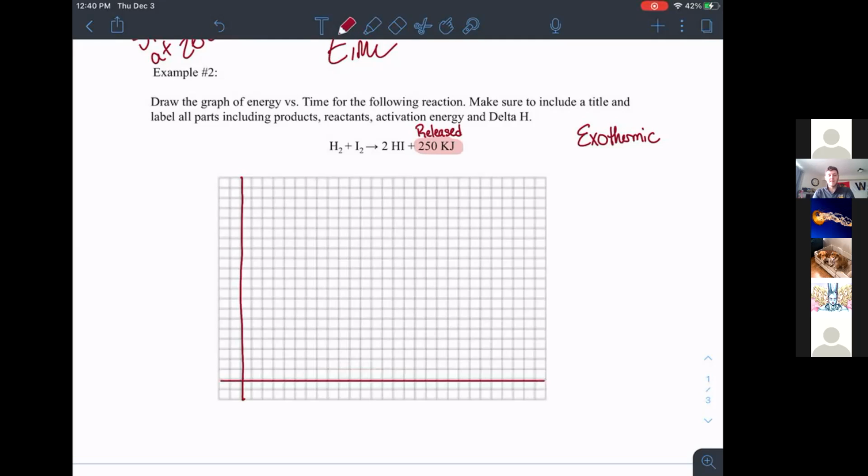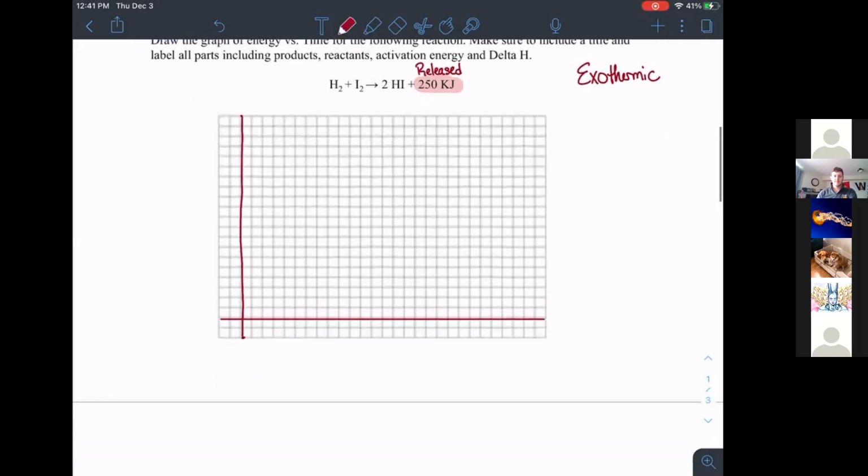And what's my label for my X axis? Time. Time, perfect. And what's my label for my Y axis? Energy. Energy, perfect.